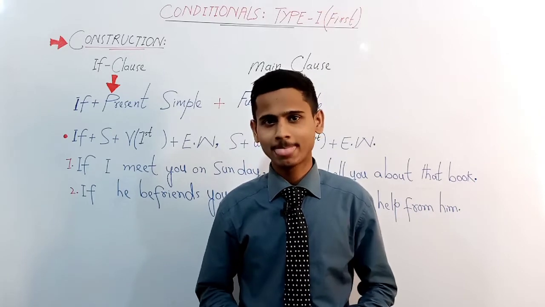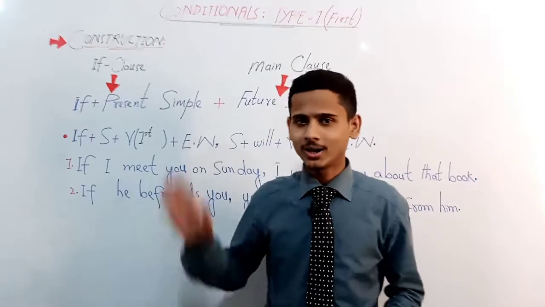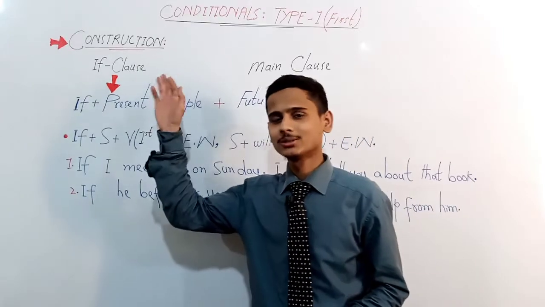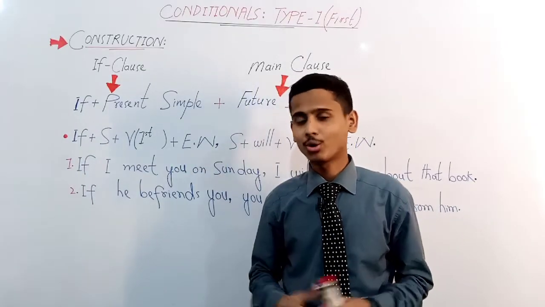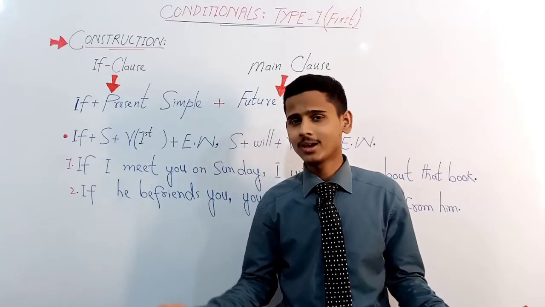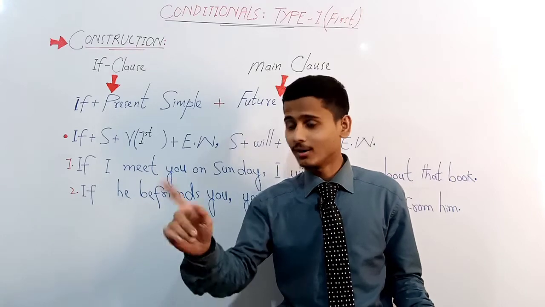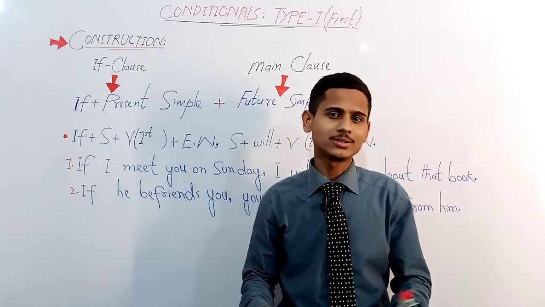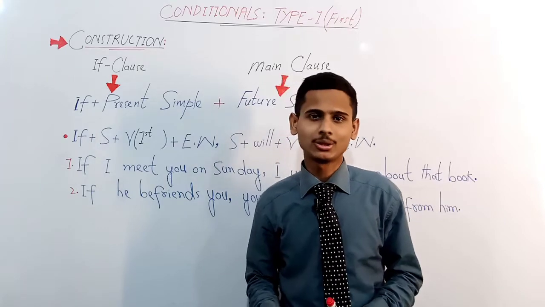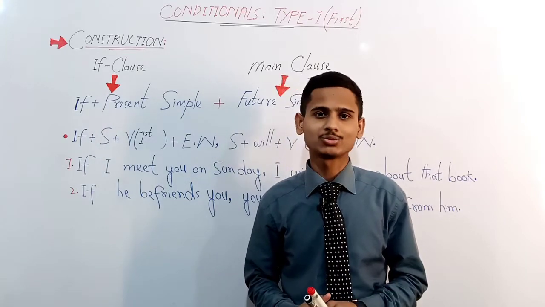I'm Waqar Ahmad. In today's video, I'm going to discuss conditionals type 1 or first. You may also just say first conditional, second conditional, and third conditional, right? That's how you can say it as well.